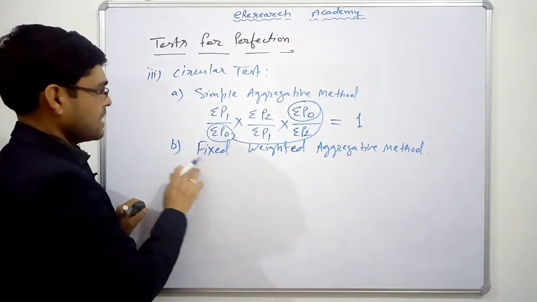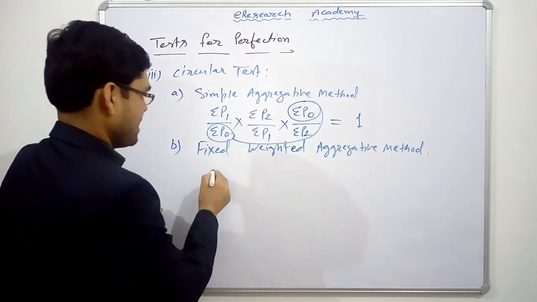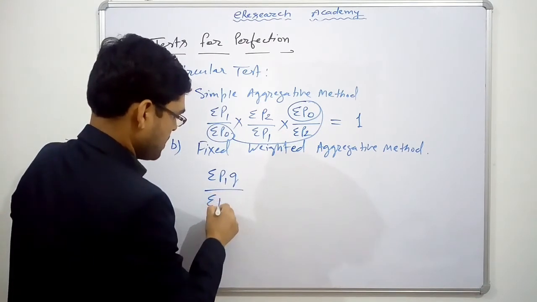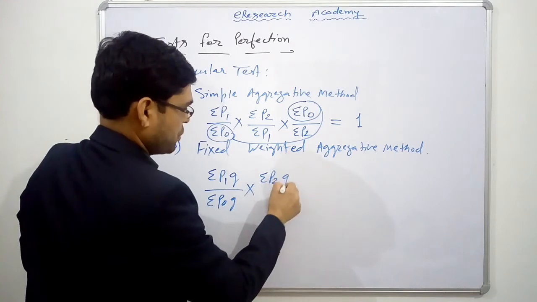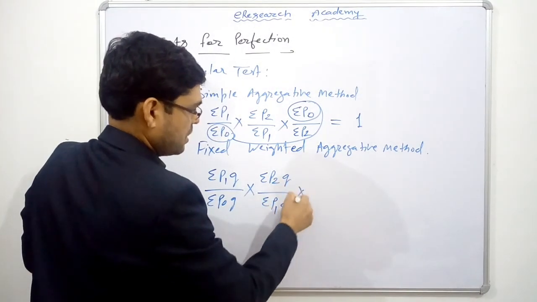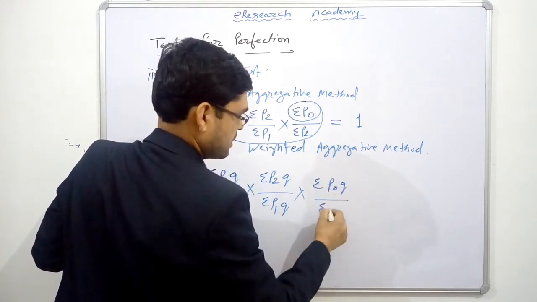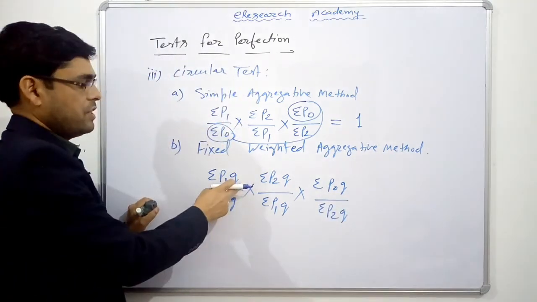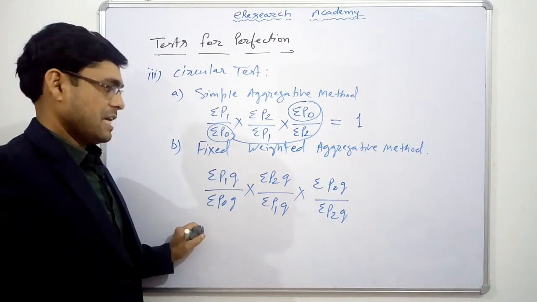Whereas under the fixed weighted aggregative method, the formula is sigma P1 Q upon sigma P0 Q into sigma P2 Q upon sigma P1 Q into sigma P0 Q upon sigma P2 Q. Q is the fixed weight for measuring this test.